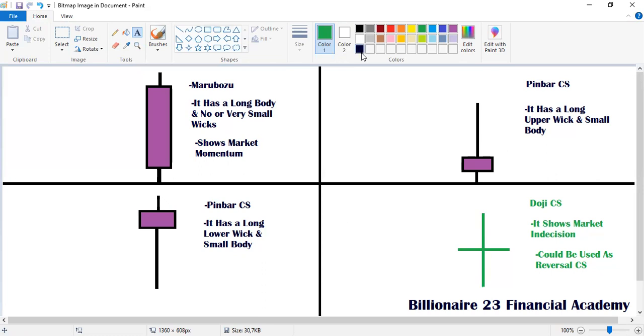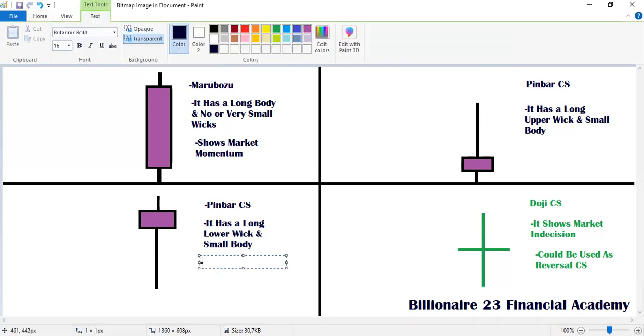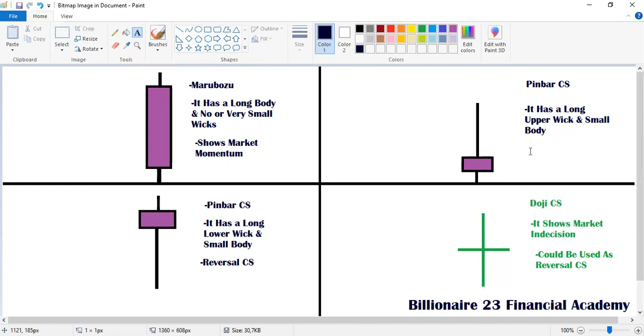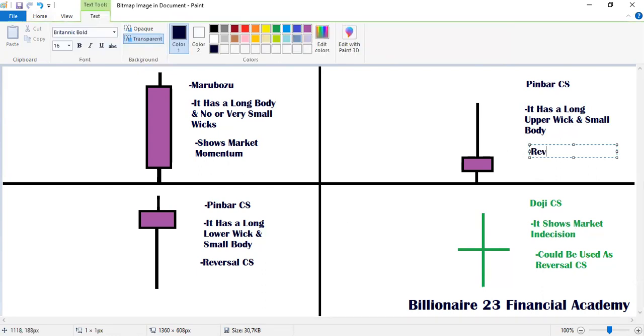I forgot to type that in. Reversal candlestick. Reversal candlestick. Momentum candlestick.